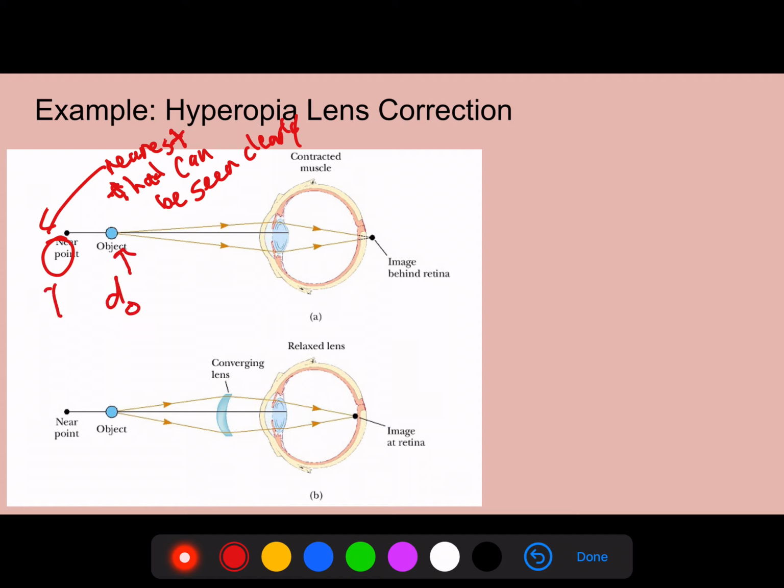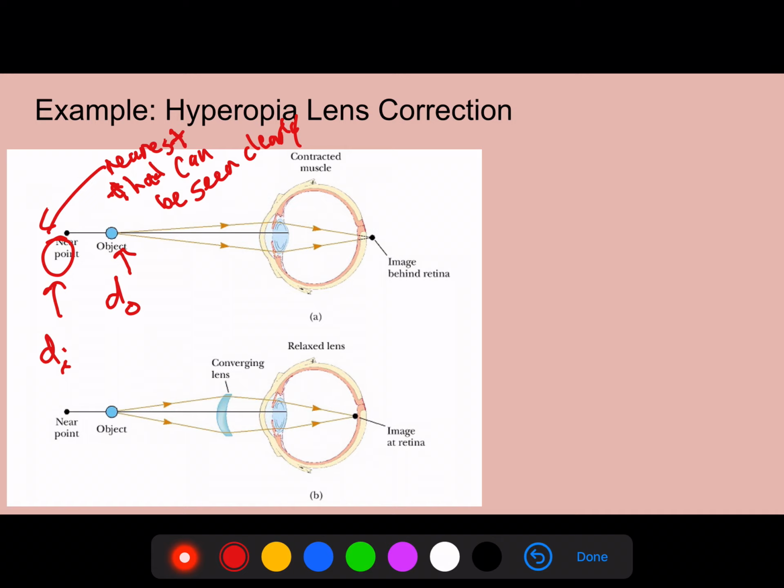But this is going to be my DI because I want to create the illusion that the object is actually at that location instead so that I can focus on it. Okay, remember that we're going to be creating a real image in this case, so we need some sort of converging lens, and we want to produce this illusion that it's further away than it actually is so that I can focus on it.